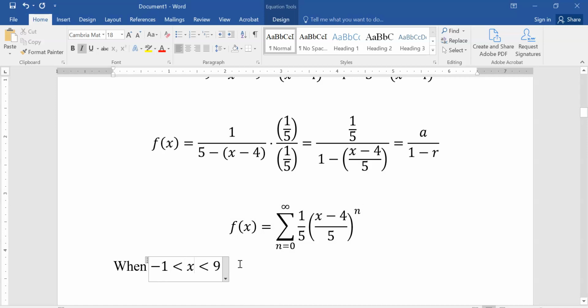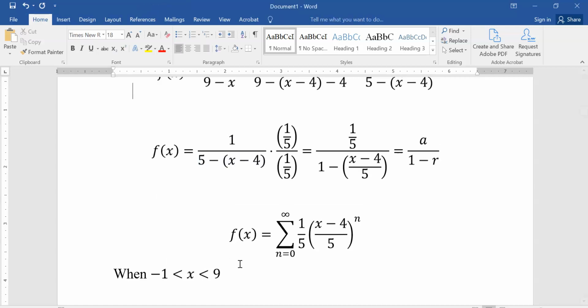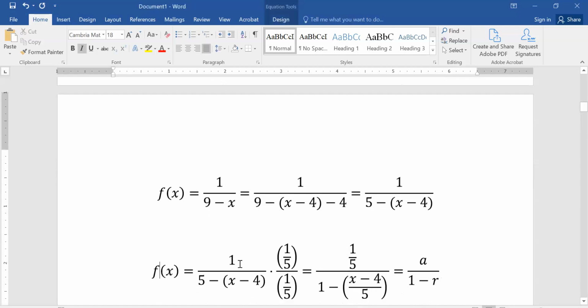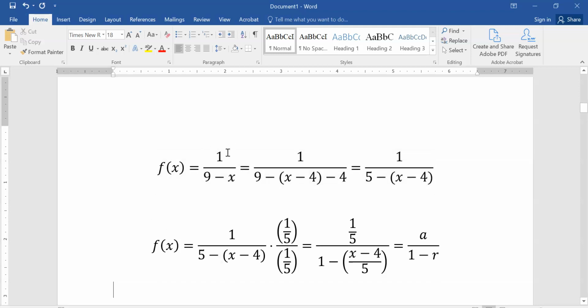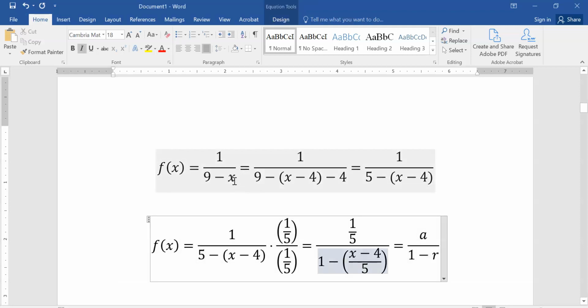So that's how we can center at almost any value we want. Now I said almost any. There is a value of this function, 1 over 9 minus x, that I cannot center at. And that value is 9. If you did this process with 9, you can never plug in 9 for x and get your function to be meaningful.